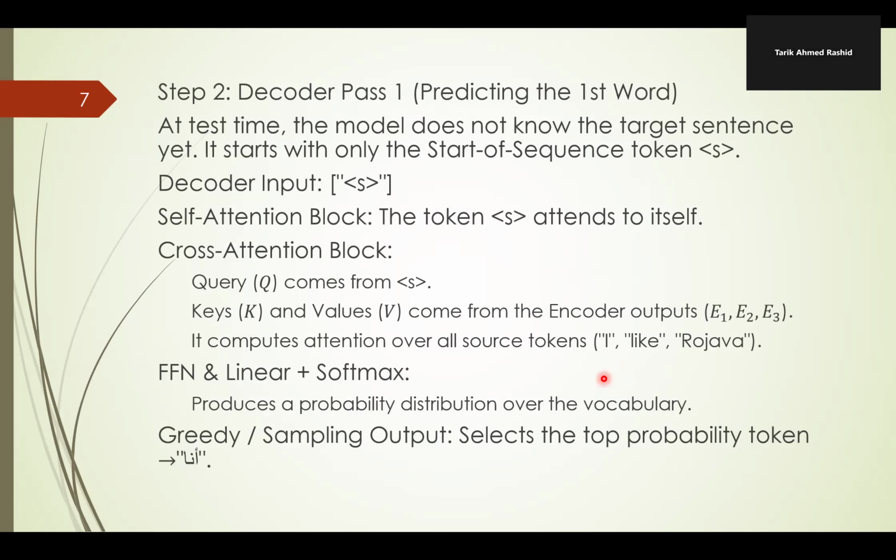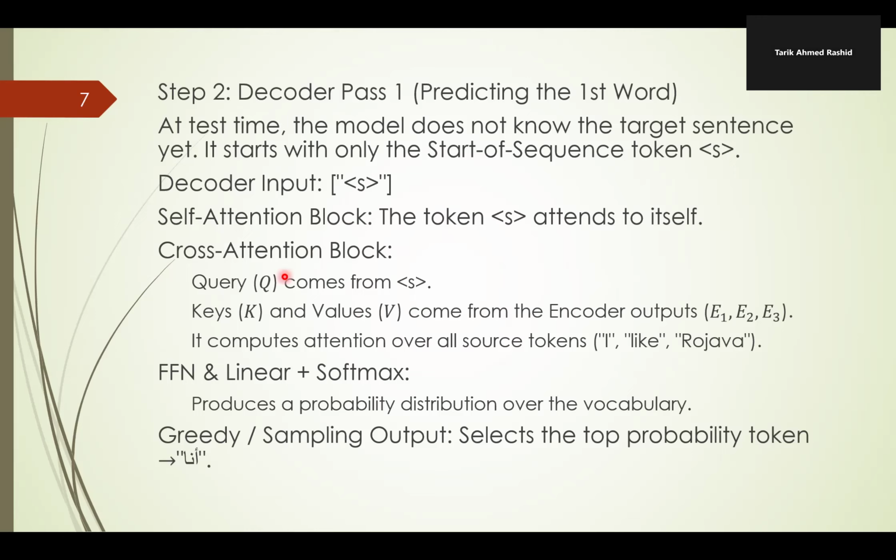Now, step two, decoder pass, predicting the first word. At test time, the model does not know the target sentence yet. It starts with only the start of sequence token. So the decoder starts with this token. It does self-attention for the token to attend to itself, and it does cross-attention, so the query comes from S, the start token, from the decoder, but the keys and values matrices come from the encoder.